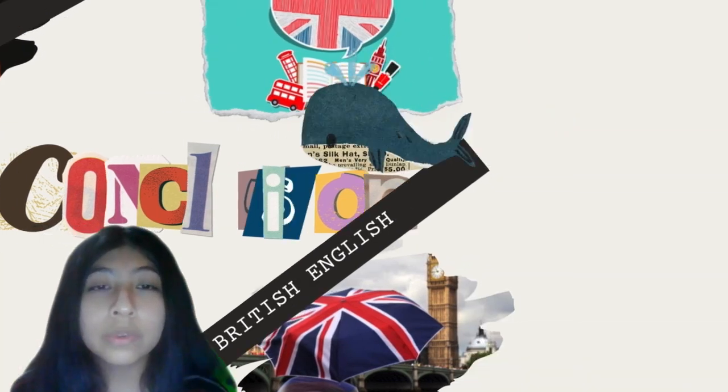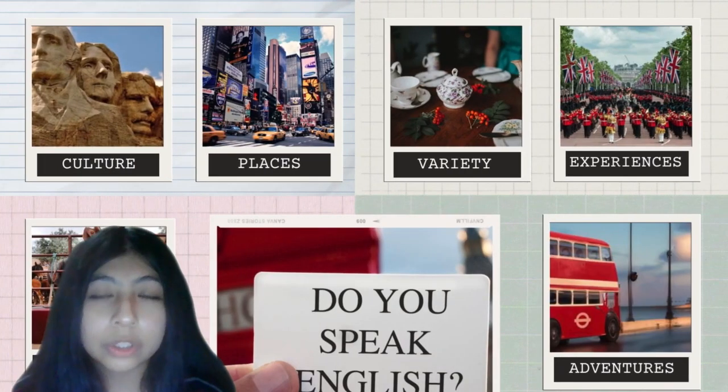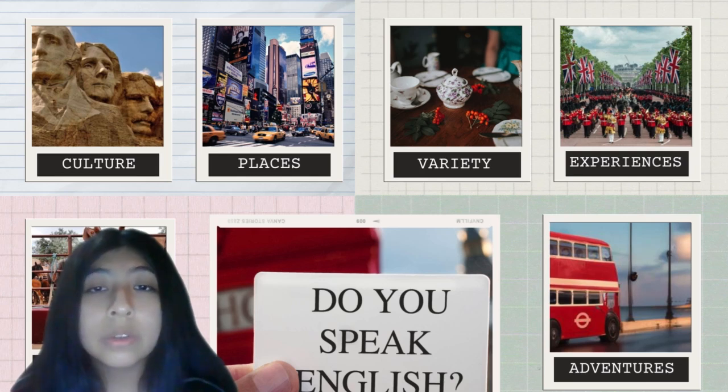In conclusion, the differences in spelling between British and American English have roots in the historical evolution of the language and the cultural influences from both regions. However, it's crucial to recognize that both forms of English are equally valid for effective communication, so they shouldn't be seen as obstacles to understanding each other.